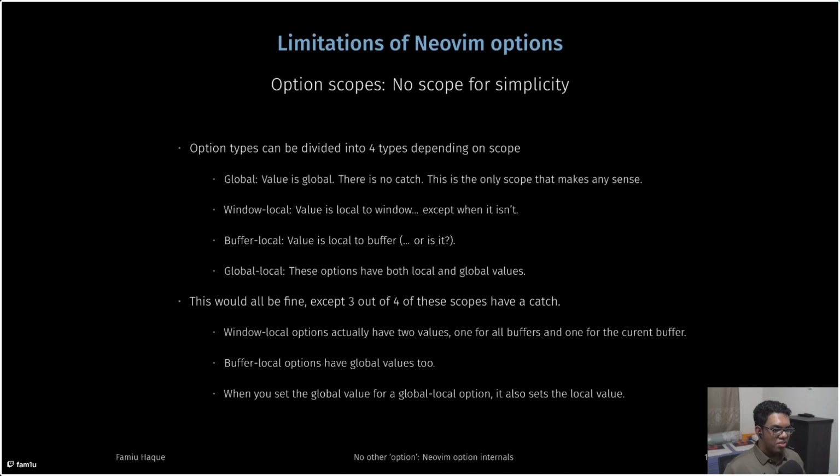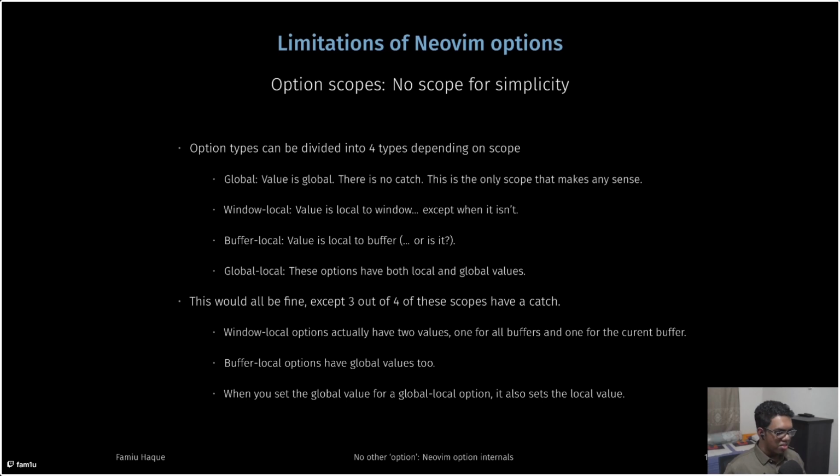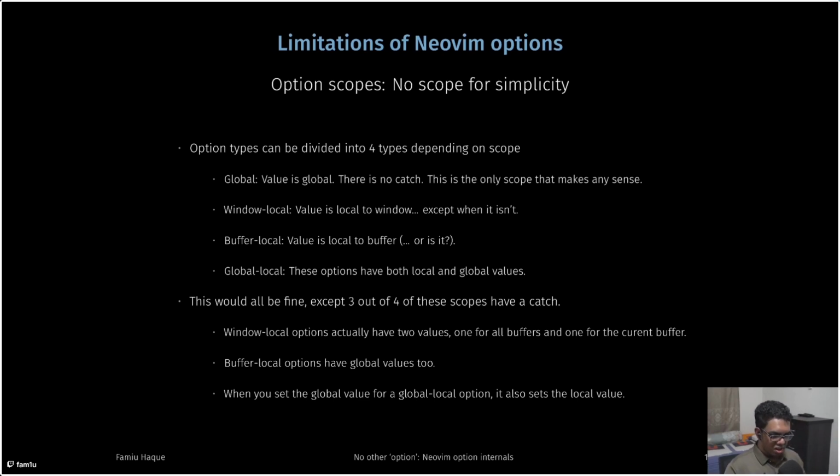When you set the option value for a global local option, it also sets the local value. Now, is there a world where this makes sense? Sure, I can see the argument for it. But also, why? If you set the global value for an option, you want to set the global value.